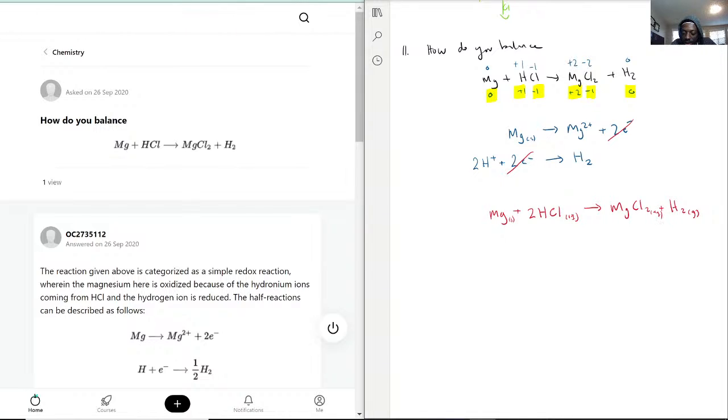Let me just put aqueous. But yeah, so this is what you get as the balanced equation here.